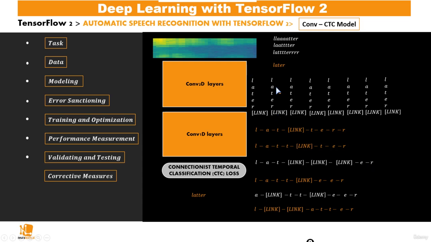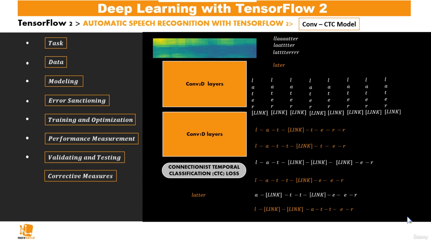If we were to go LAT link ER, at the end of the day, even if this gives us the value with the highest probability, it's going to be taken off. It's not going to be considered when calculating the loss because it doesn't lead to the target output.